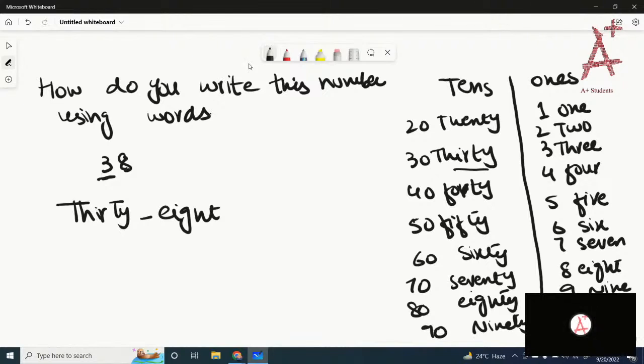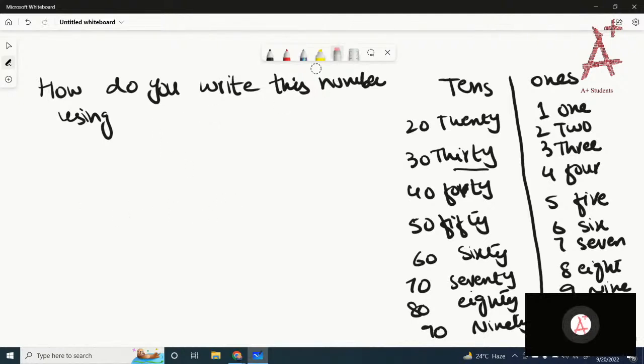Okay, the first one, are you on test? Okay, the first one is how do you write this number using digits? We have to write the number using digits. The number is given in words and we have to write it as digits.